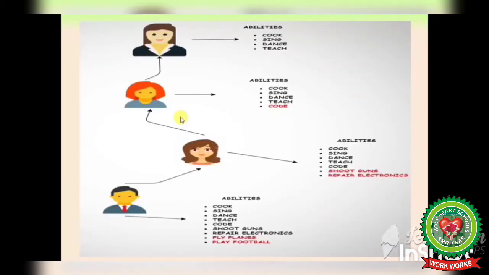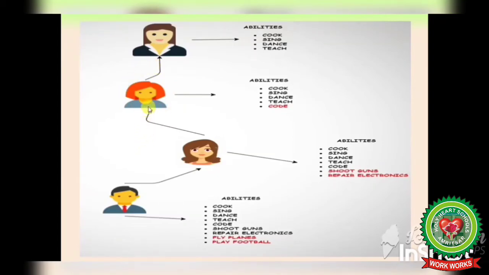Now let's learn inheritance with the help of this example. Sometimes people say that the child looks like his or her father or mother. In the same way, in this example, she is her mother and this child has some of the same abilities as her mother. Mother has the abilities of cooking, singing, dancing and teaching. And the child also has some features of her mother, like cooking, singing, dancing. These three features are the same in this child as her mother.